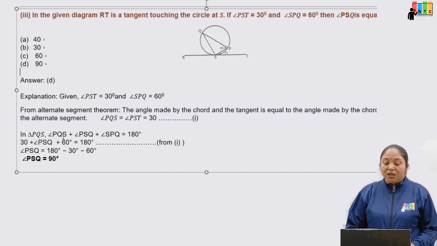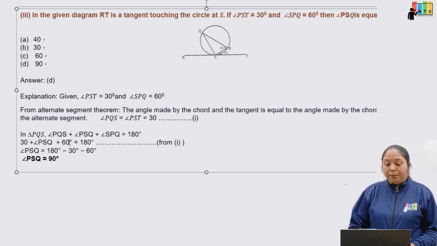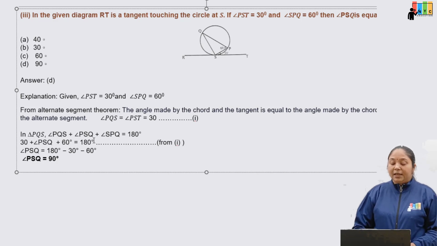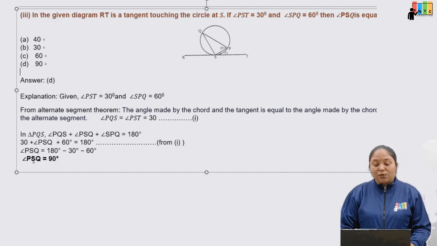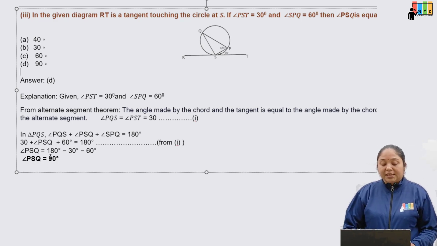That means angle PQS plus angle PSQ plus angle SPQ is equal to 180 degrees. So angle PQS 30 degrees, angle PSQ we need to find out, plus angle SPQ is 60, is equal to 180 degrees. Solving this, what we get? Angle PSQ is equal to 90 degrees. So correct option is option D.